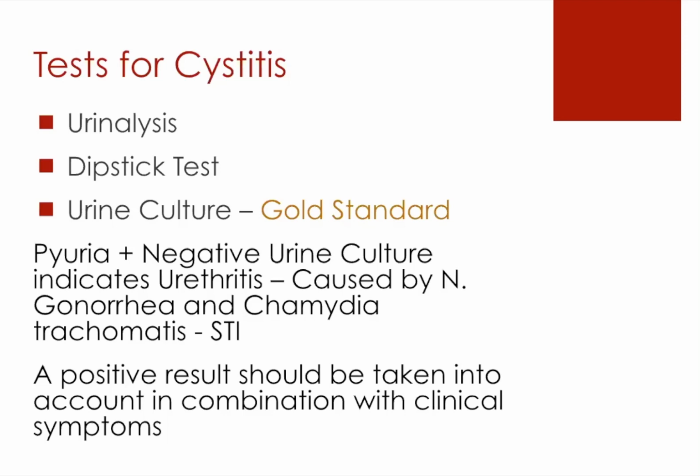A positive culture should always be taken into account with clinical symptoms. If a patient doesn't have clinical symptoms, you don't want to be treating. You may not want to treat if it's an uncomplicated case. If it's a case of a pregnant patient, for example, then you may consider treating because of their high risk.